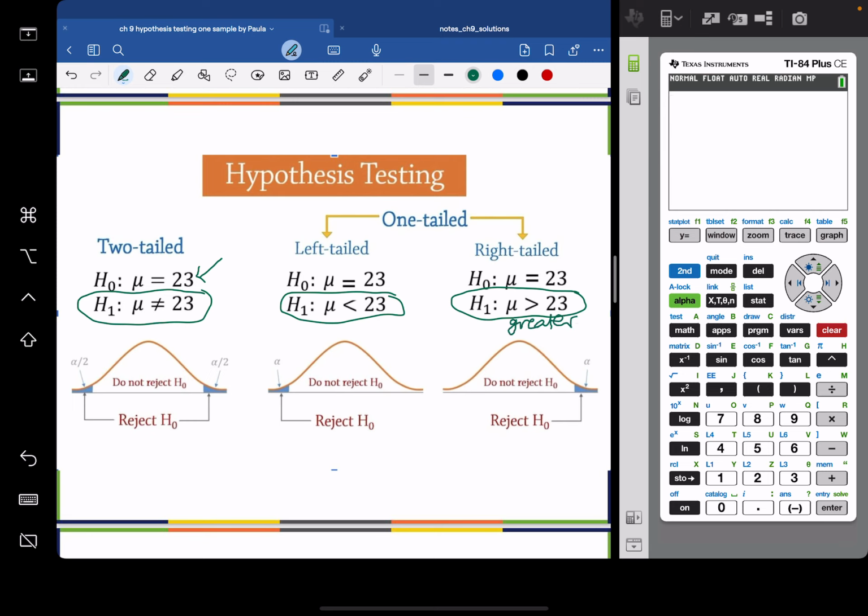So down here, I've got three diagrams of the normal distribution, and I'm showing you that when we have a two-tailed test, then we calculate the area in both extremes. And again, the suspicion gets greater when we get further away from the center.